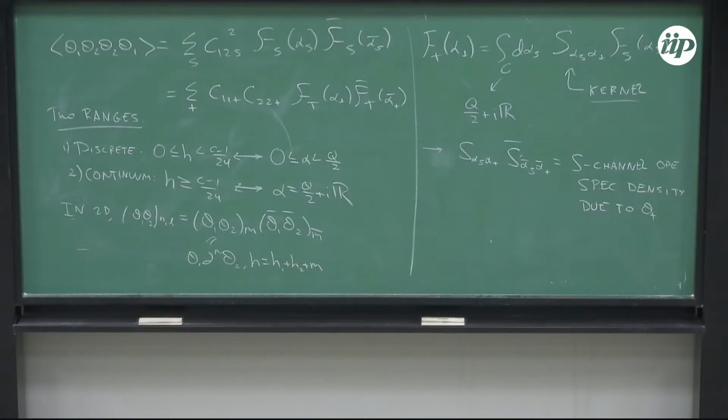It's a meromorphic function with poles at alpha_s equals alpha_1 plus alpha_2 plus mb plus n b inverse, where m and n are non-negative integers. It has poles here, and at its reflections, which means that I take all the alphas and I take them to Q minus alpha.